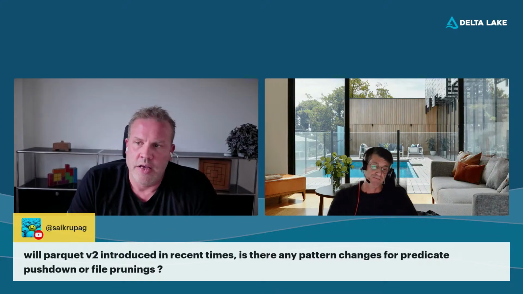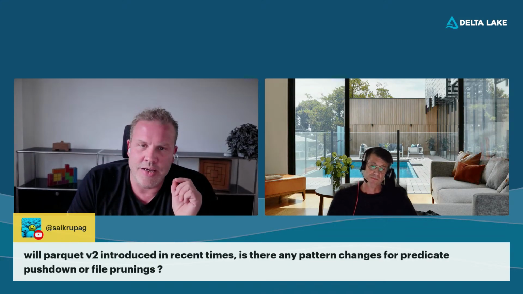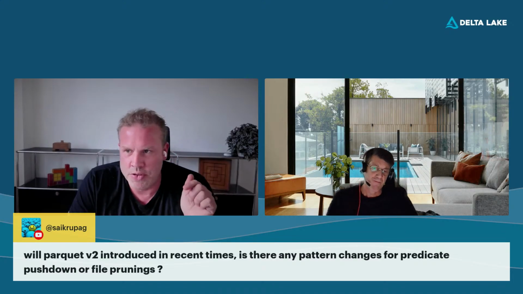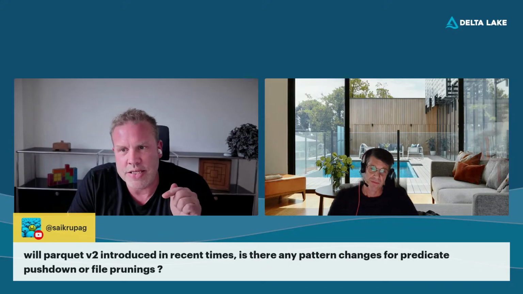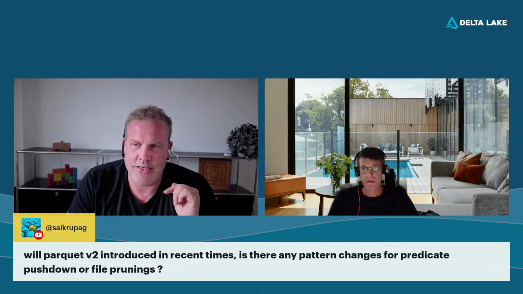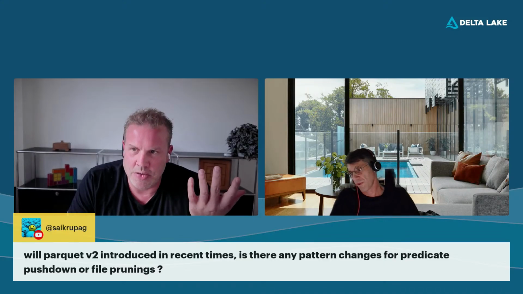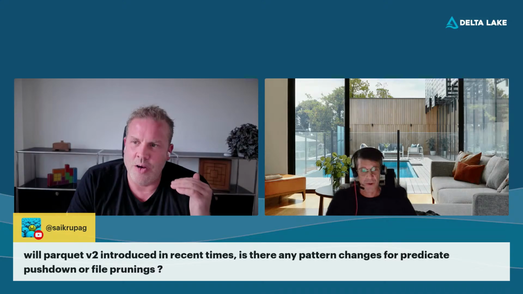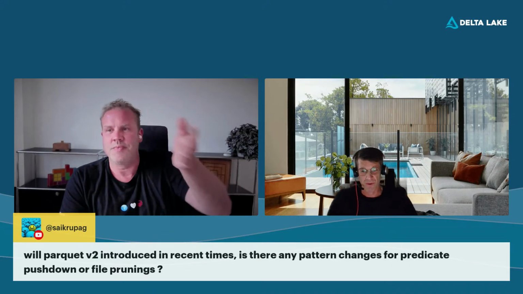So will it make changes to predicate pushdown? This gets interesting now because predicates get pushed down into the Parquet read, and there are encodings that allow you to do skipping. And here we're not talking about file skipping, we're talking about page skipping. That's right, but there's always the engine that exactly drives these operations.